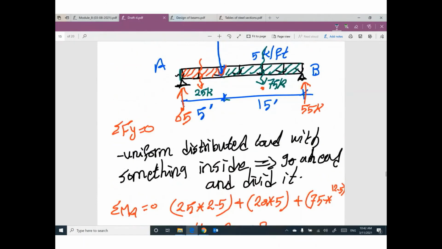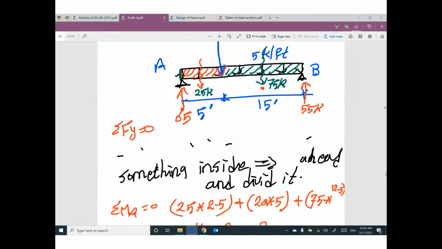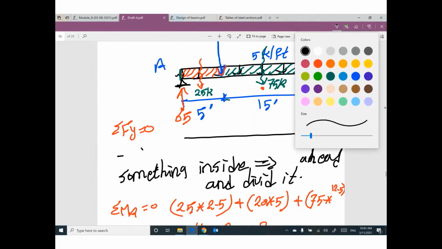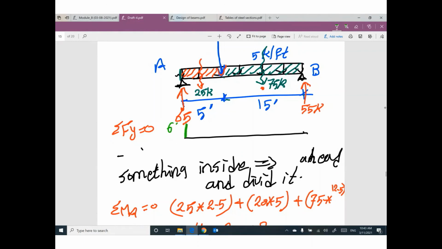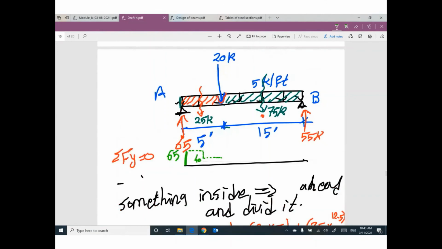Once you did this and found your reactions, let's start to draw the shear force diagram. I will go up by 65. We have a uniform distributed load, so I will go dotted, down by 25, so I will reach 40. Dotted, then we have a concentrated load of 20. We are at 40, so I will go down by 20 to reach 20.